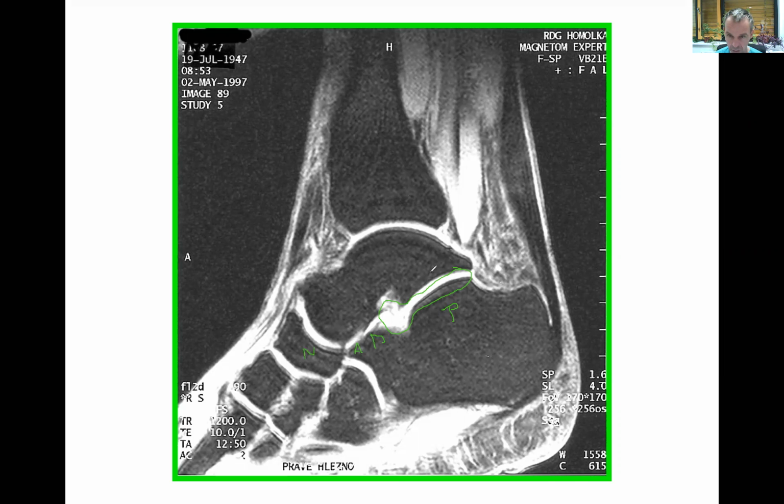And the talus has got the posterior surface here, and then the middle and the anterior surface here. And this is the caput, so the head of the talus, caput tali, which is forming the head in this talocalcaneonavicular joint. So here you can see two joints with separate articular capsules.